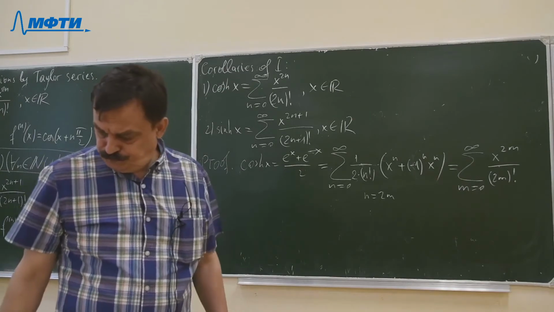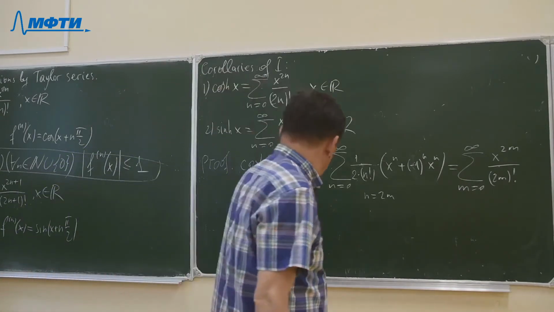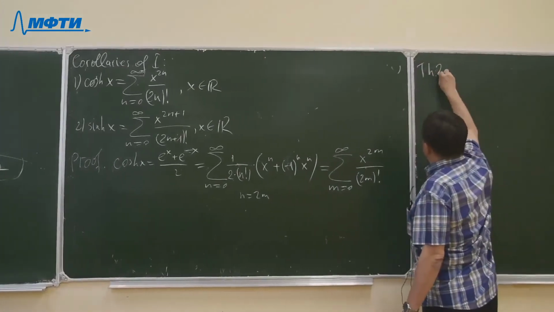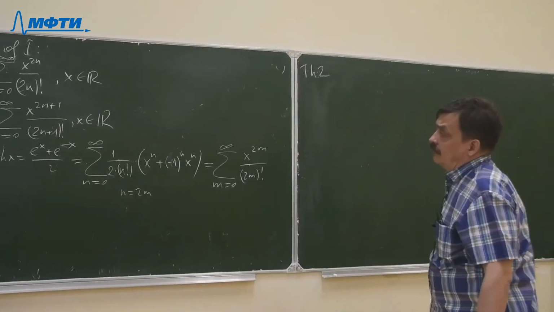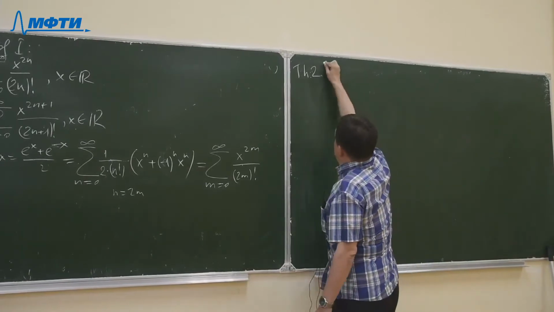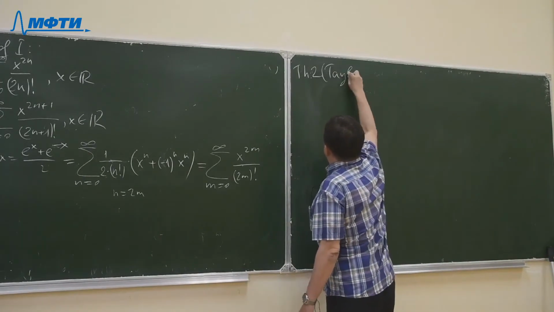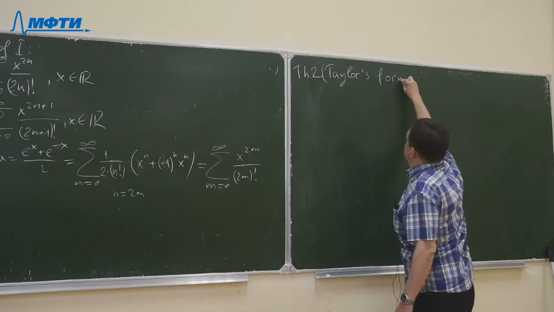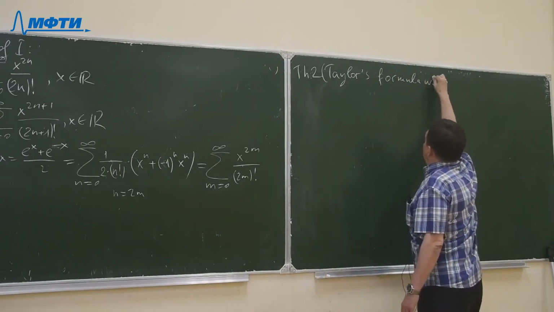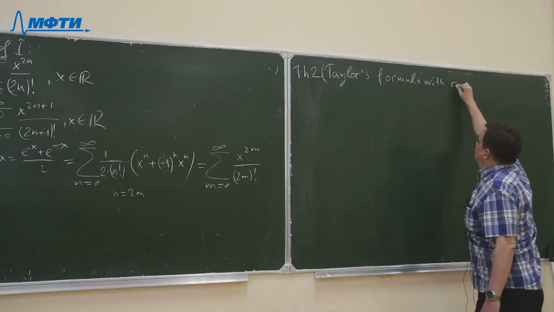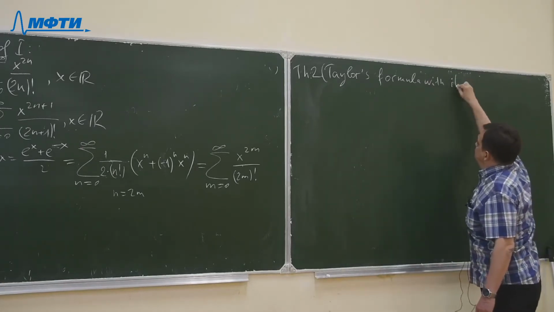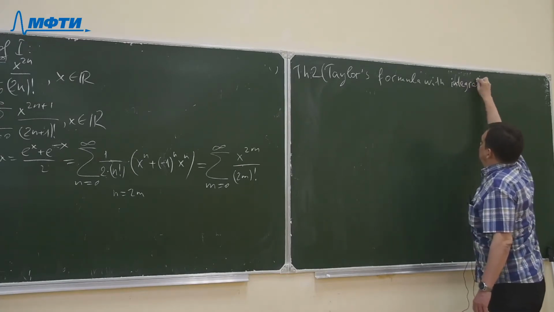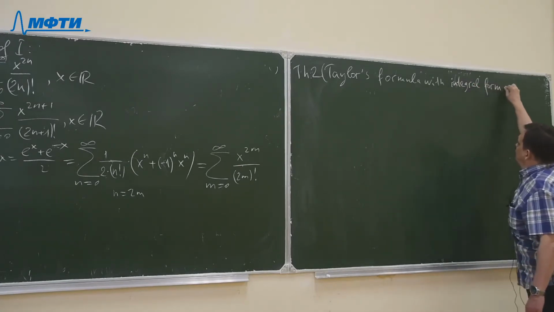So let me formulate it. Okay, firstly, how it is called. Taylor's formula with integral form of remainder.